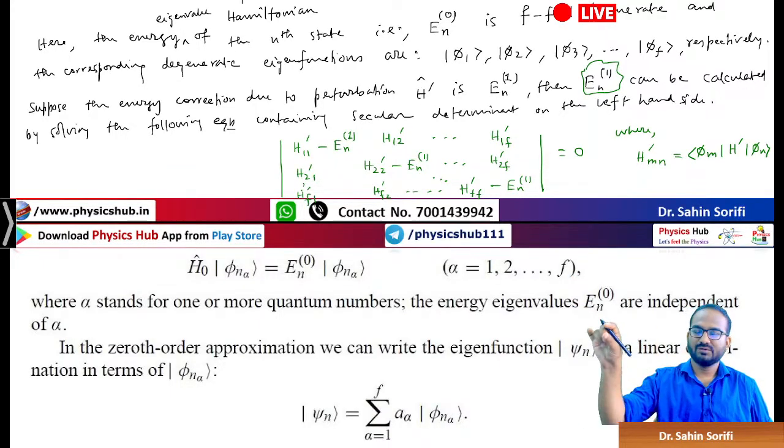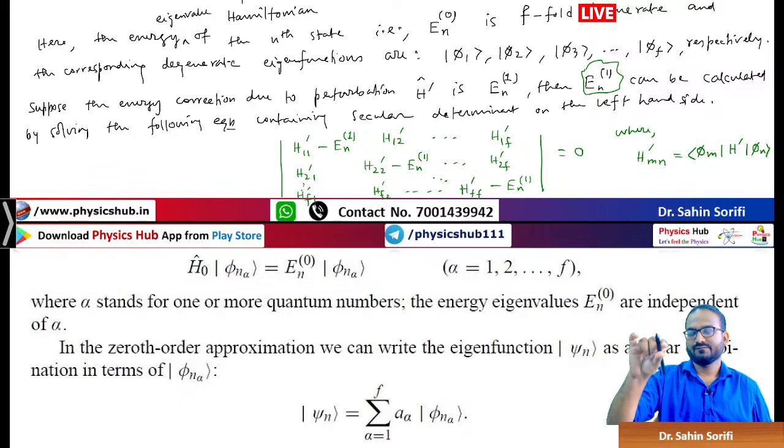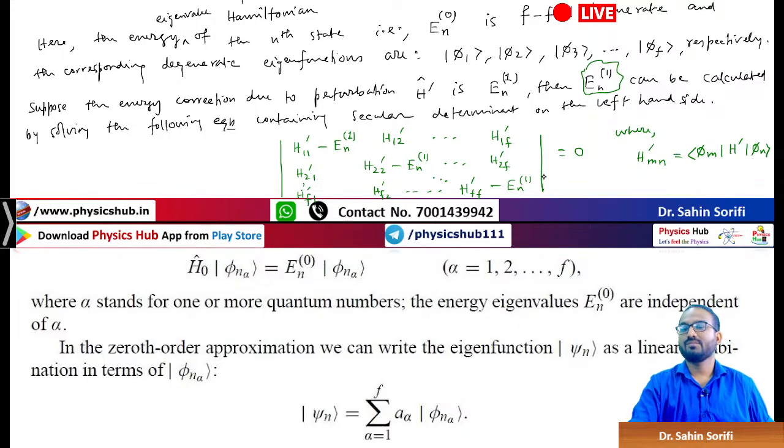If a few of them are equal, then you will get fewer lines than f. So perturbation lifts complete degeneracy or it lifts partial degeneracy. If some of the eigenvalues are equal, it will be a partial lift of degeneracy. If all the values are distinct, it will be the complete lifting of degeneracy.